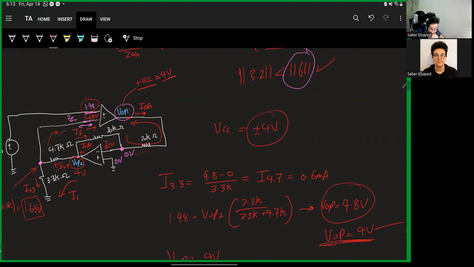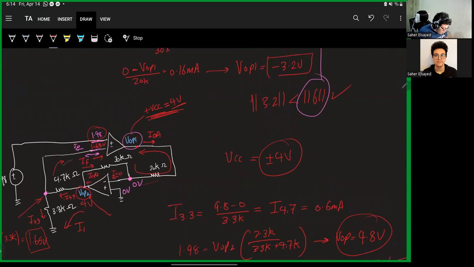Does that make sense? Again, you have to verify your guess. We guessed that this is 4. We said, well, it's 4.8, so I'm gonna cut it at 4. This is a guess. This is not 100% true. This is just a guess that you have. It doesn't mean this is true, right?